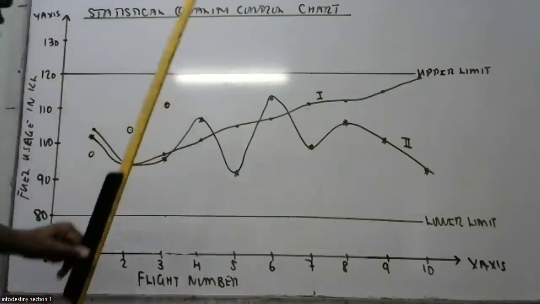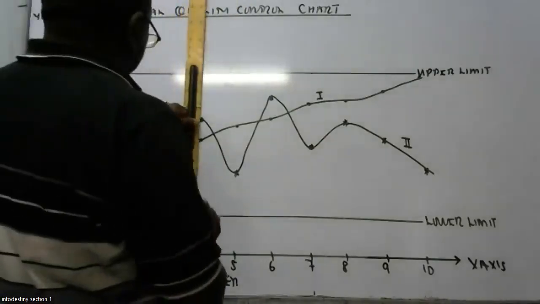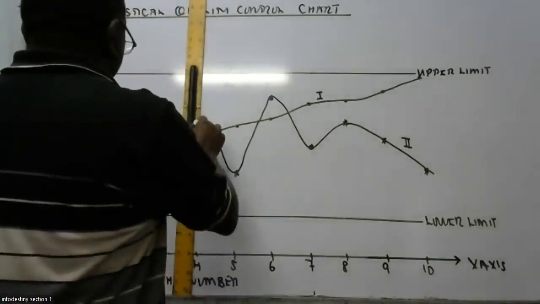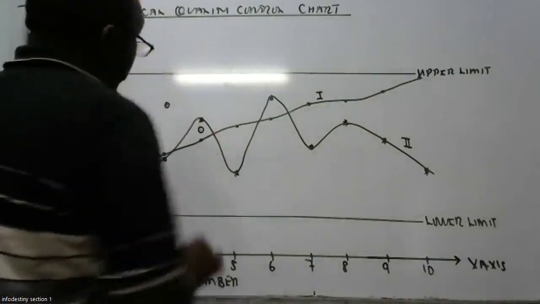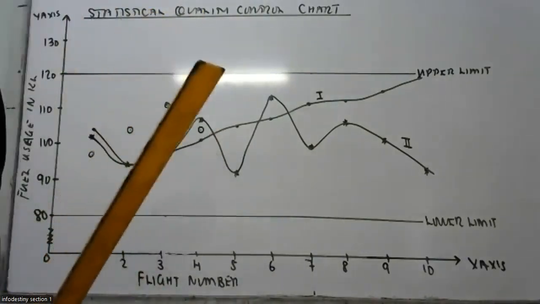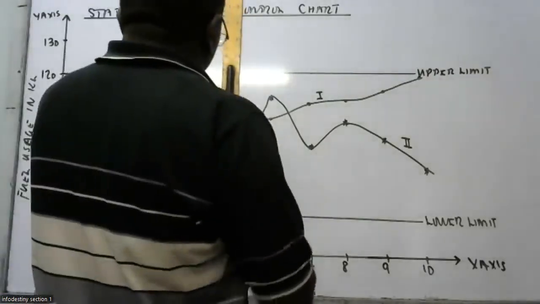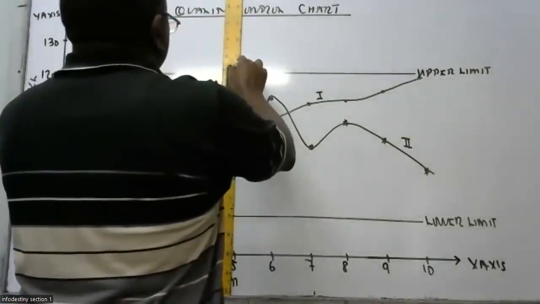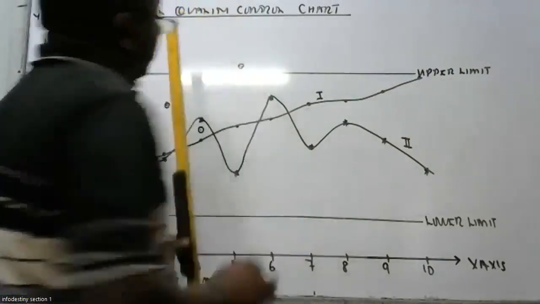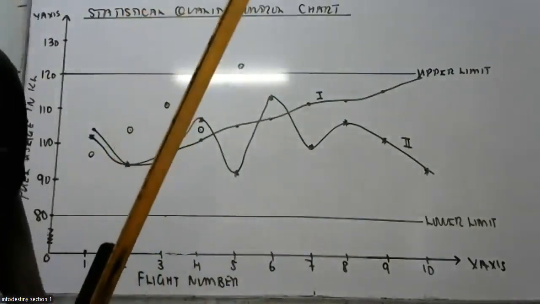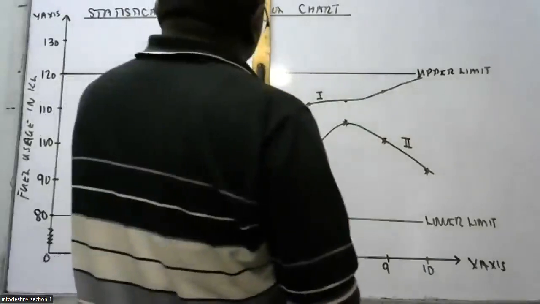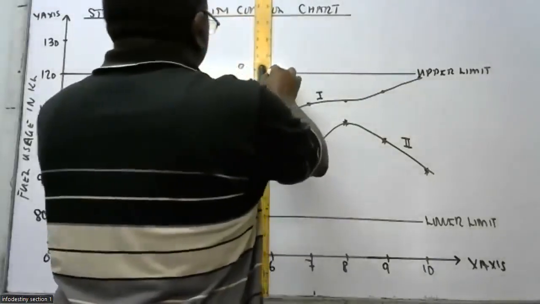The next is 104, 104 is here. The next is 122. So 120 is here, so 122 is here. The next is 118, so 118 is here.